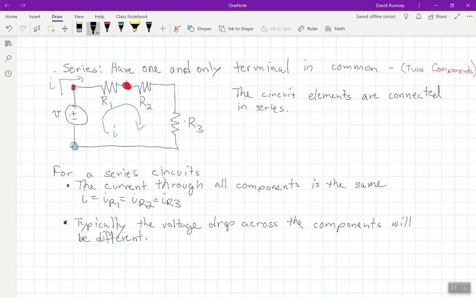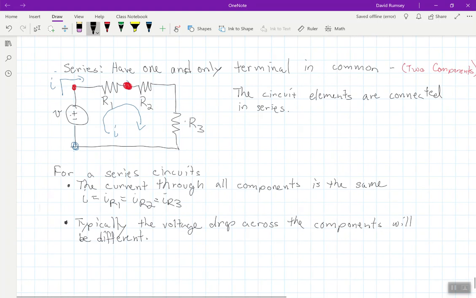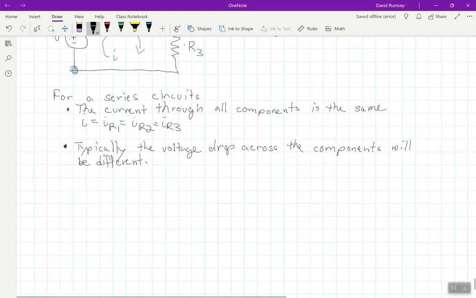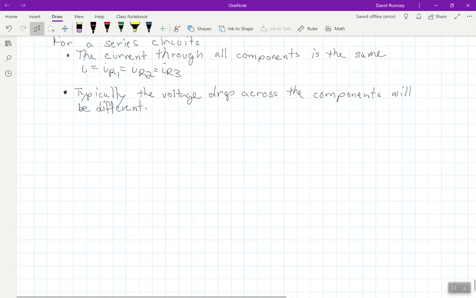But kind of an obvious answer to me would be, well, you just make all of the resistors the same value. That would be a way you could get the voltage drop across the resistors to be the same. But that's why we say typically they're different, because even if you set these all as 1 k ohm, in theory, yes, the voltage drop would be the same, but in practice, 1 k ohm resistors are going to have a tolerance, and so the voltage might be different. All right, so let's move on to parallel.